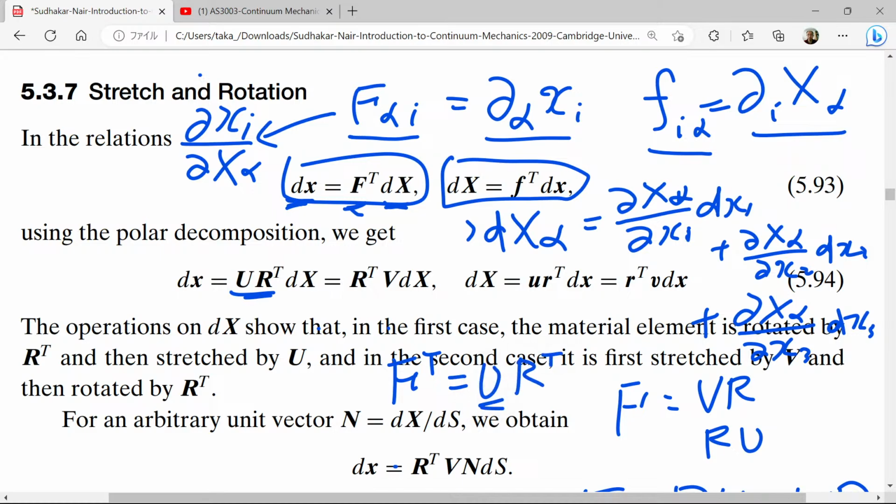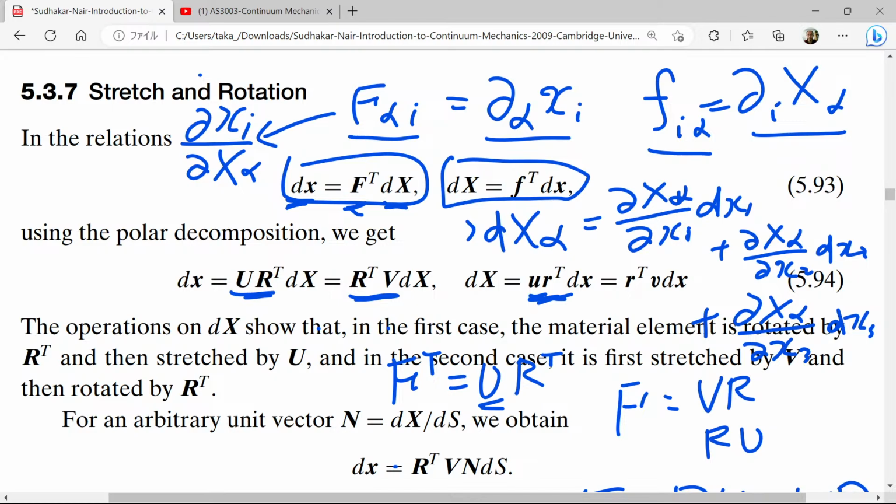U is symmetric, so it doesn't change. Or this is also F transpose. And the same applies to small u, small r transpose, which is F transpose, and R transpose V, which is also F transpose.